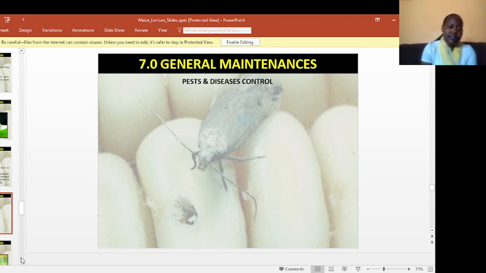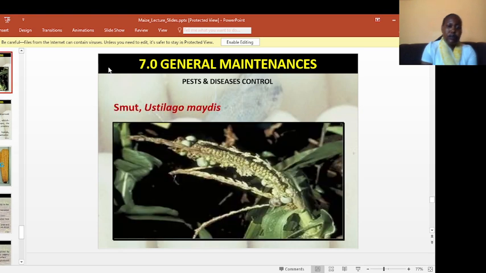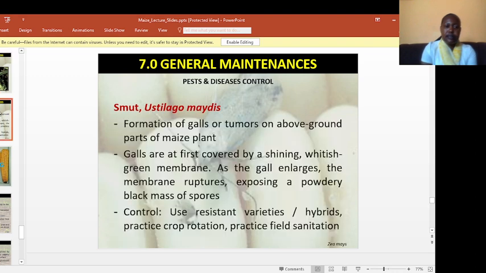In the general maintenance, we have to see the pest and disease control. We have the smut, Ustilago maydis, and this attacks the maize. It attacks by showing the signs of formation of galls or tumors on above ground parts of the maize plant.